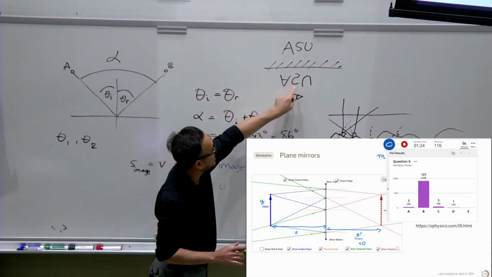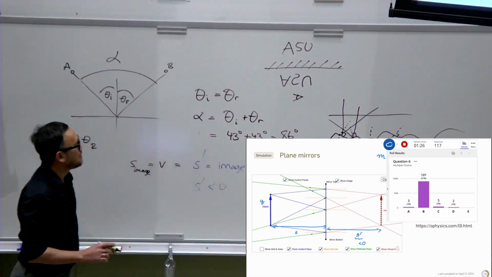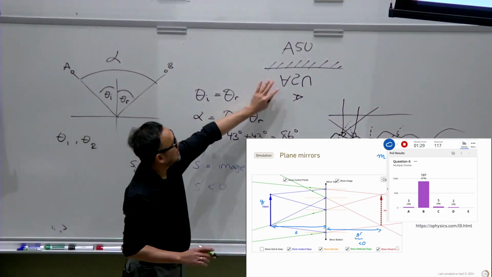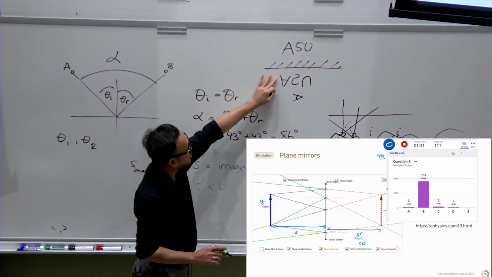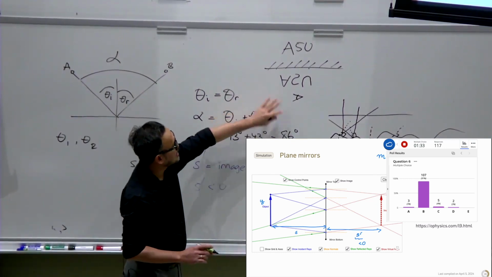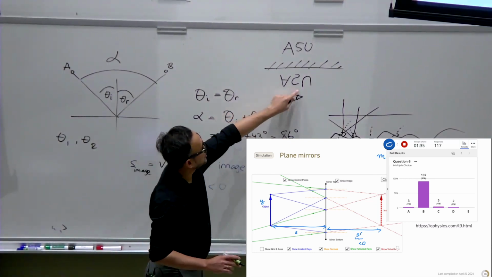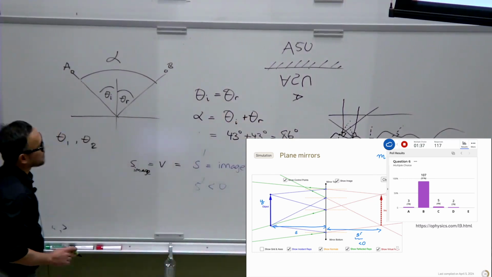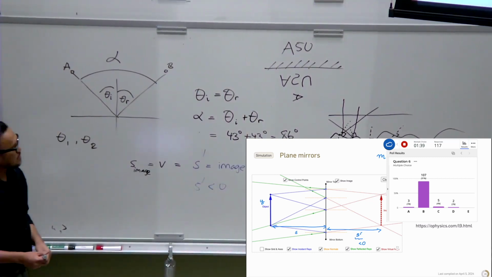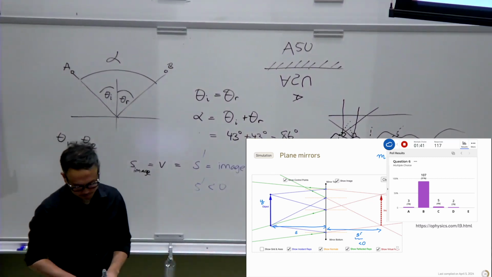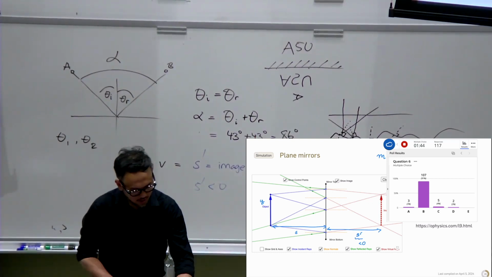This is the reason why you have to flip the letter. Okay, but along z-axis or along y-axis, the letter actually doesn't flip. This is just to show you that the order changes. Okay, hope that helps.